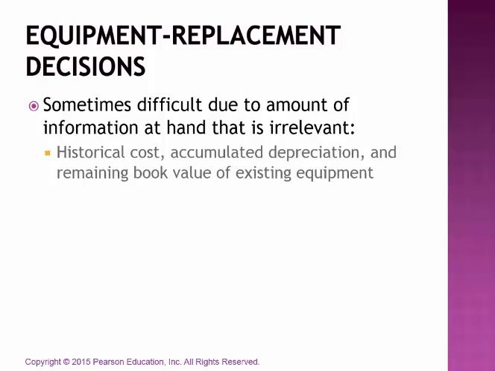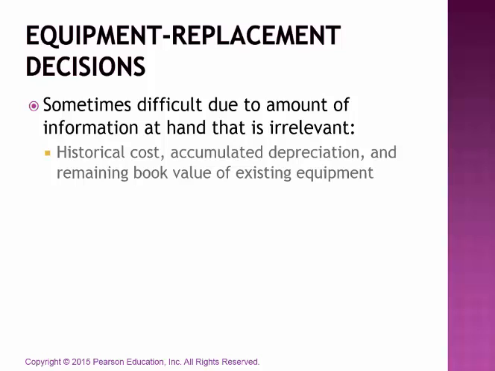Cash proceeds minus remaining book value equals gain or loss. It doesn't matter. It's still irrelevant because it is part of that original historical amount that was spent a long time ago. Okay, so they're all irrelevant.